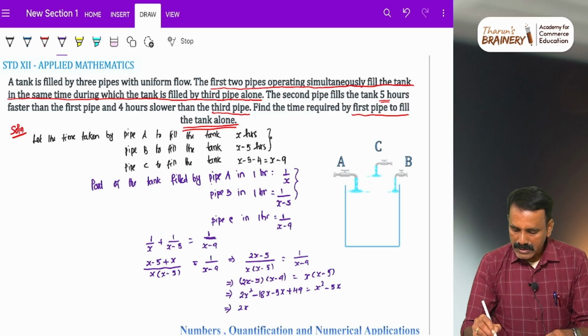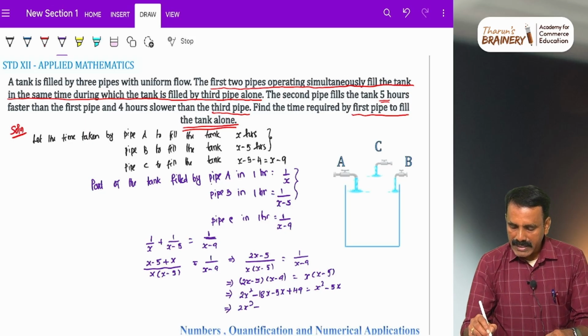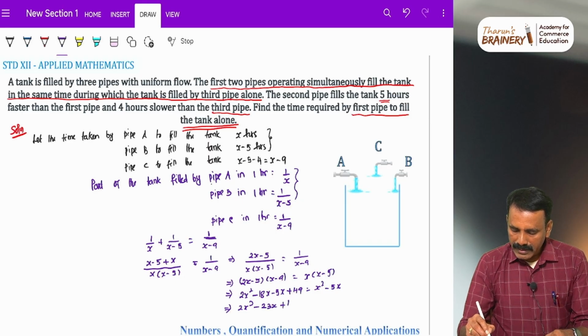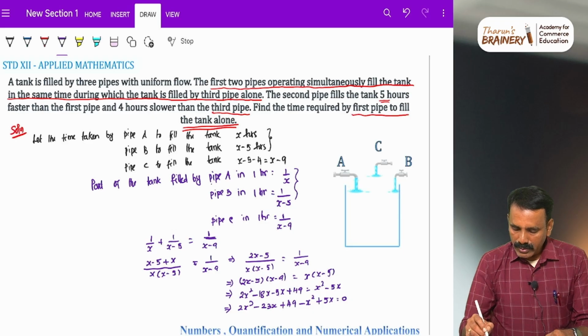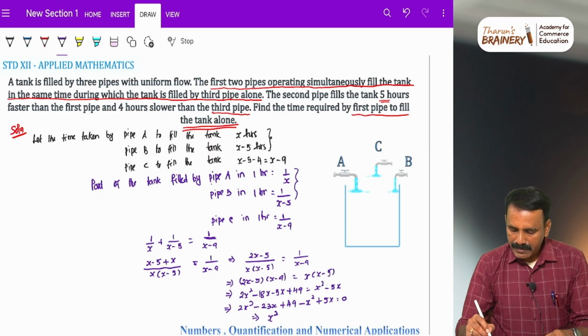So it is 2x square minus 18x minus 5x, so it is minus 23x plus 45 minus x square plus 5x equal to 0. So 2x square minus x square will be x square, minus 23x plus 5x will be minus 18x.